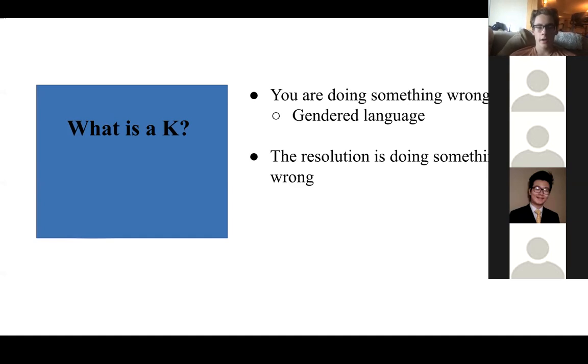Now, the other kind of critique is when the resolution is doing something wrong in some way. Again, this is epistemological in nature. The vast majority of critiques have to do with language. On the TOC resolution, I believe my senior year, the resolution was something along the lines of we should withdraw all of our troops from the Persian Gulf.